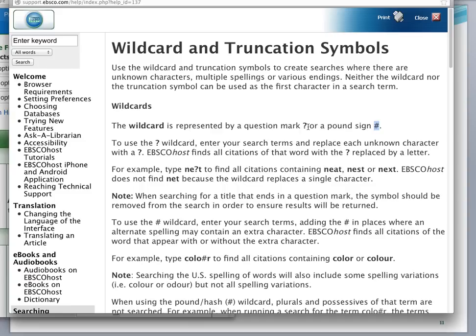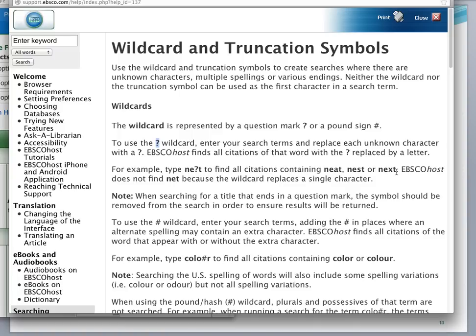Now let's see how they work. To use the question mark wildcard, enter your search term and replace each unknown character with a question mark. For example, type ne?t to find all citations containing neat, next. Okay. This will be very effective.